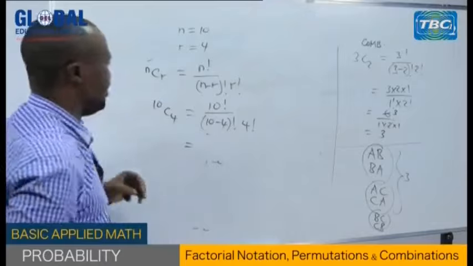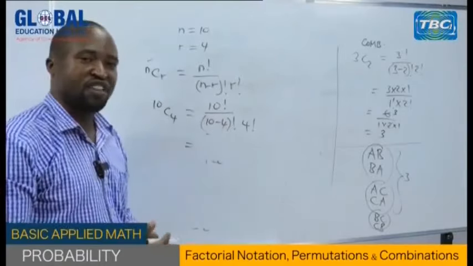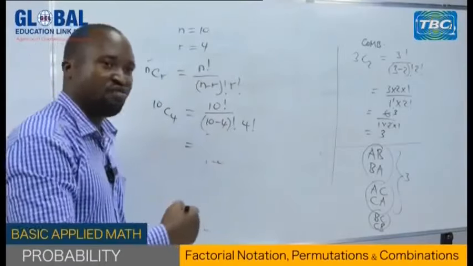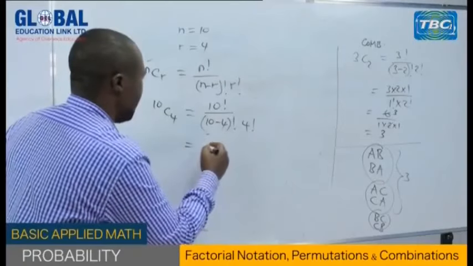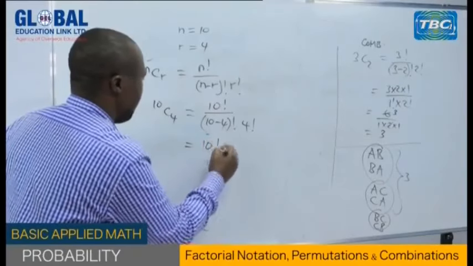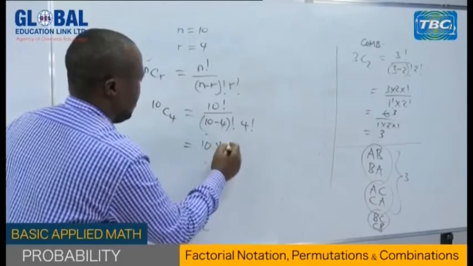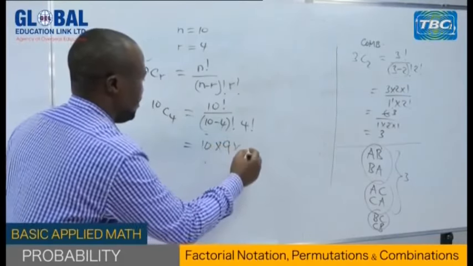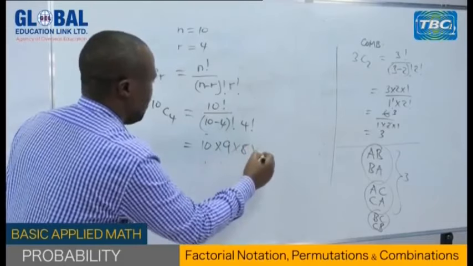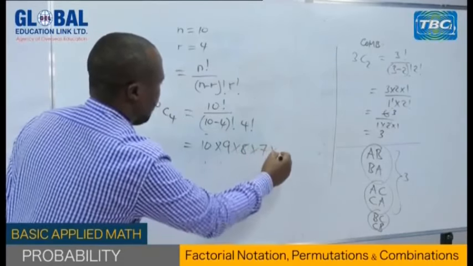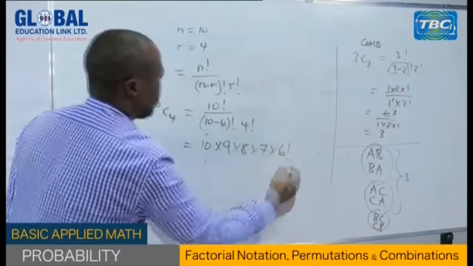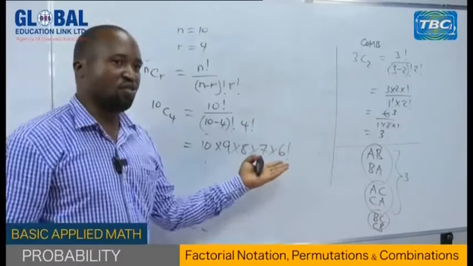Remember the expansion for 10 factorial by using the definition of factorial. That is, 10 factorial is 10 times 9 times 8 times 7 times 6 factorial. Why 6 factorial?